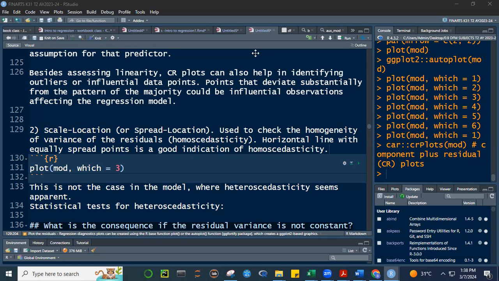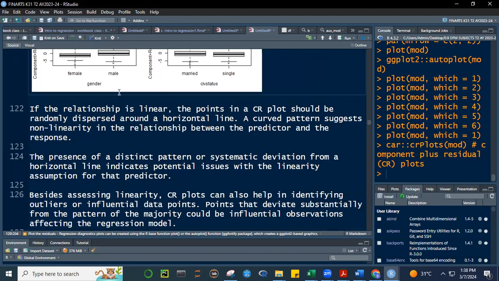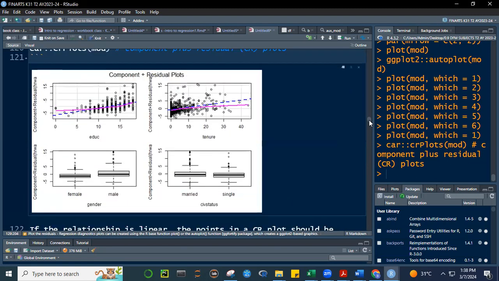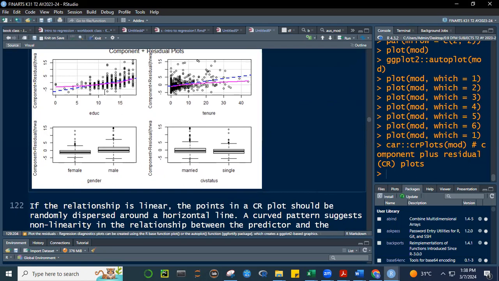Okay, so I share this also with you, class, no? Sabi natin, if the relationship is linear, the points in a component residual plot should be randomly dispersed along a horizontal line. Ito, ano? Randomly dapat, kaso ito may pattern, no? Kita nyo, di ba? May pattern siya eh.